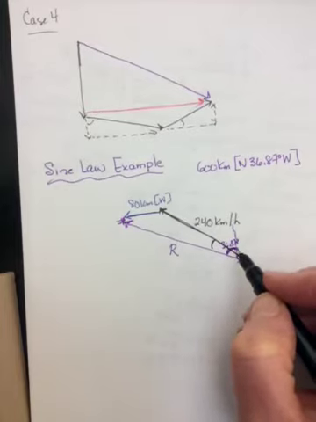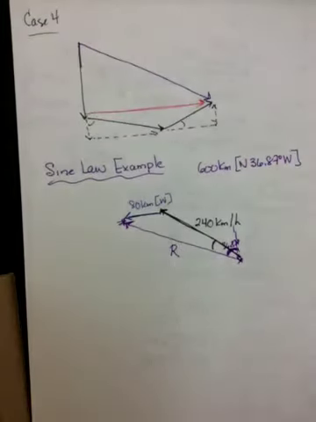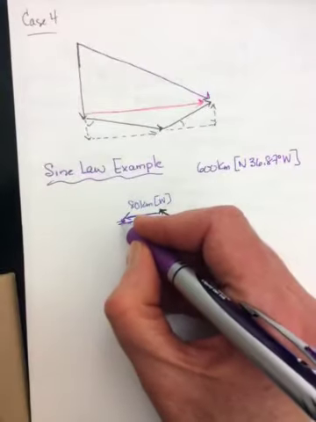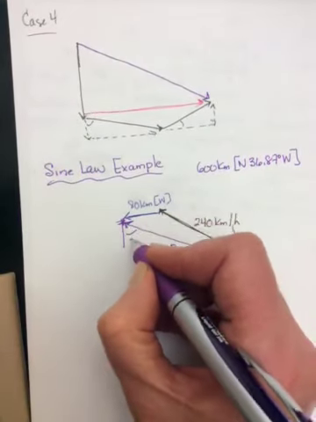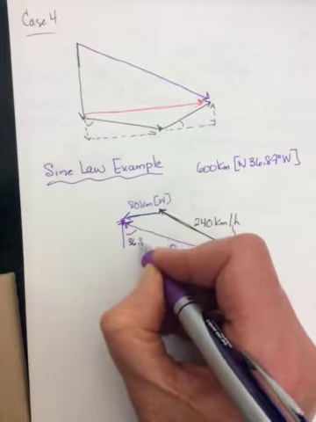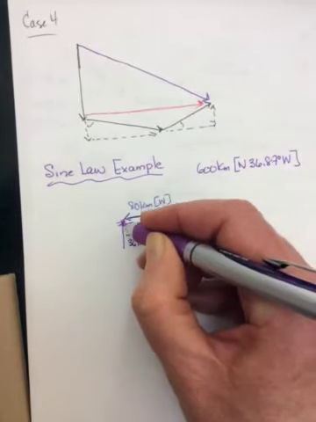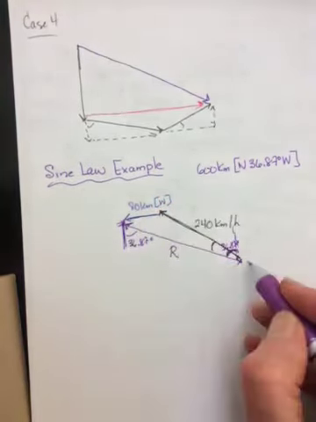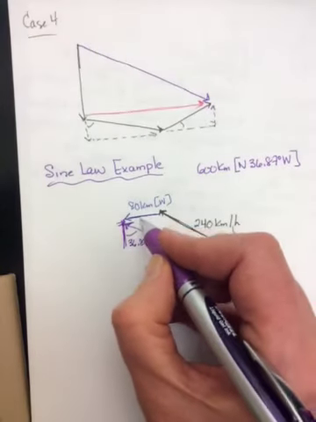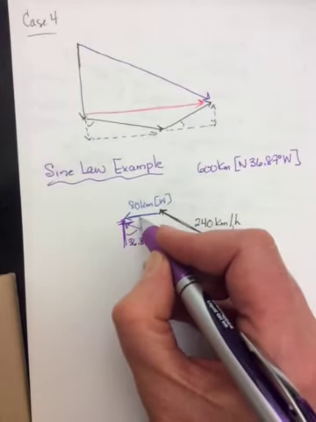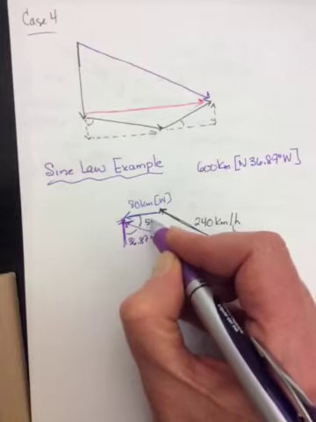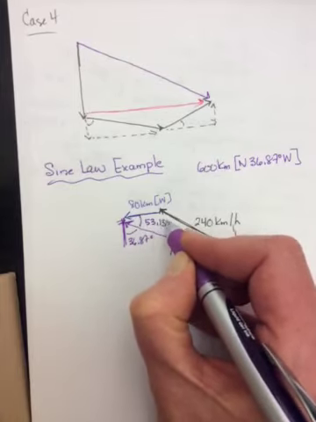Well, you can think alternate interior angles, and if you do, then this is also 36.87, right? If there was a straight line coming down here, right? The Z rule. And if this is 36.87, then this guy in here should be 53.13.